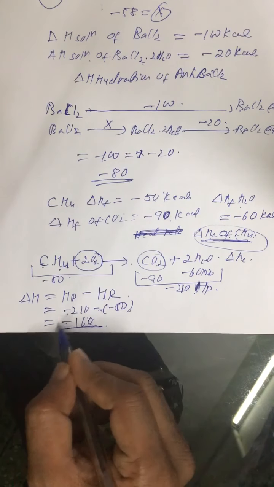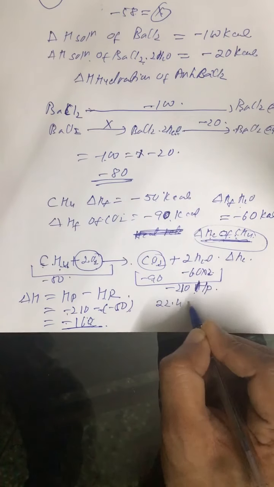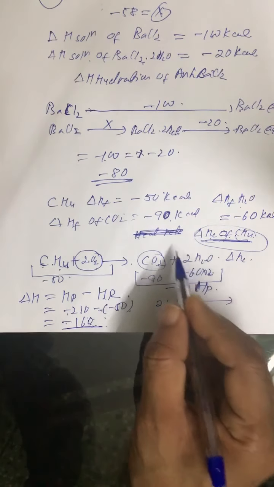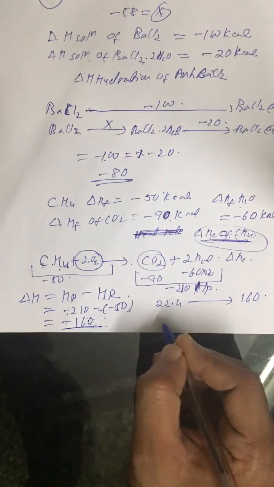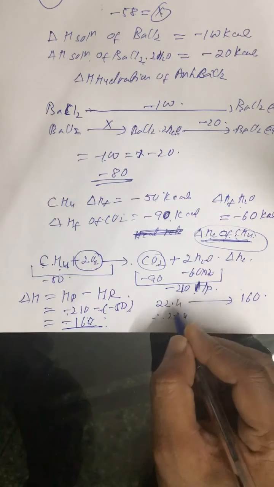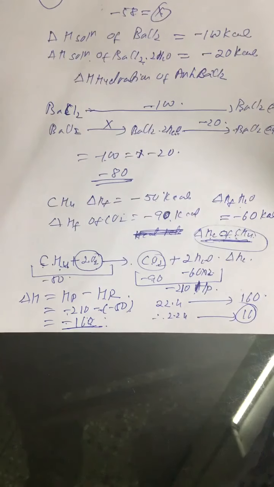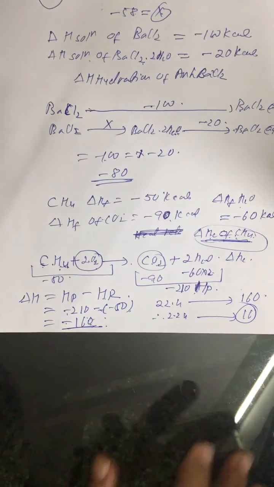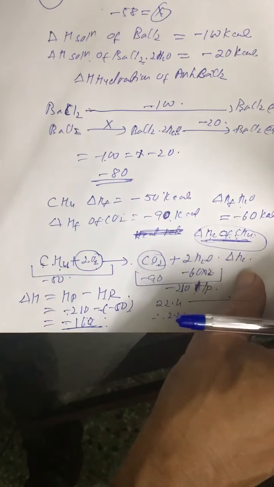You have to change the sign. 1 mole means 22.4 liter. So 22.4 liter of methane on burning produces 160 kilocalories of heat. Therefore 2.24 liter of methane will produce 16 kilocalories. All right, so these kinds of questions are asked.